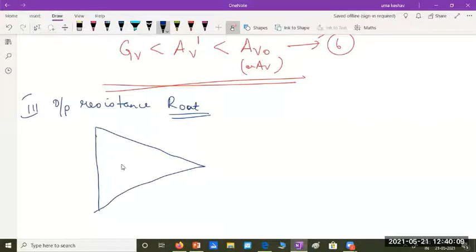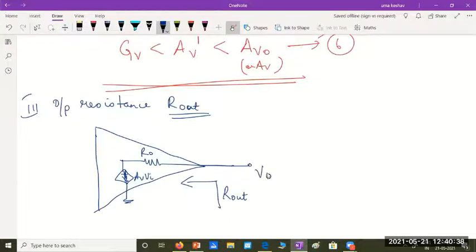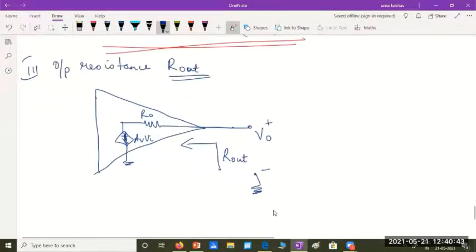Remember, the output side of the amplifier has a voltage source here, AVVi, and an output resistance R0. And if I am expected to find from outside what is the resistance offered by this complete amplifier, then I should look into the output terminals of the amplifier and try to determine that resistance.